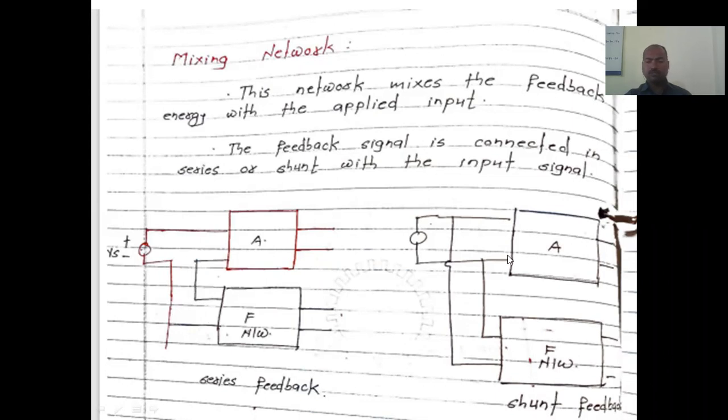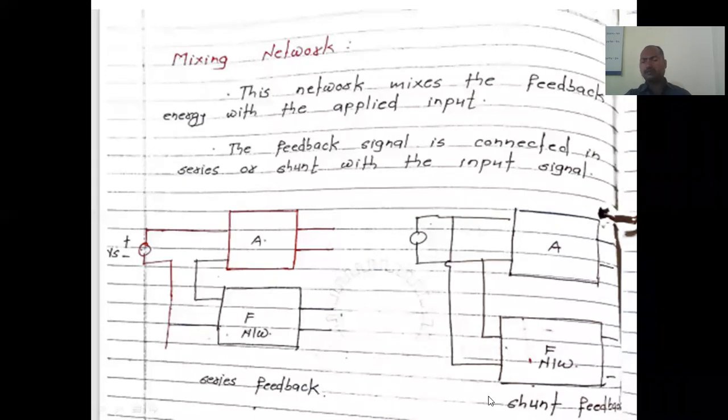Okay, now we have seen another part, that is the shunt type of feedback network. Now see, in the shunt type of feedback network, we have applied the input signal to the amplifier. The amplifier amplifies the signal, and the output comes across the amplifier. Whatever output comes, that output is taken in parallel to the feedback network. So the feedback network output should be provided to the input network in parallel.